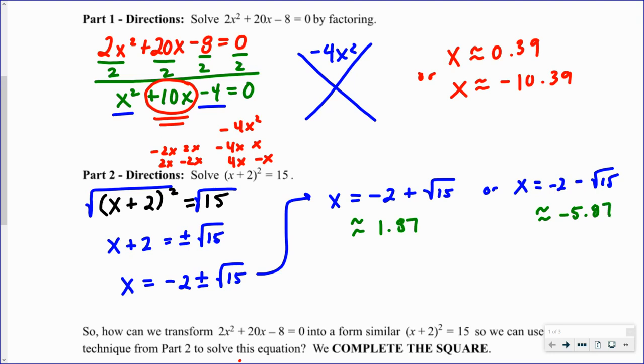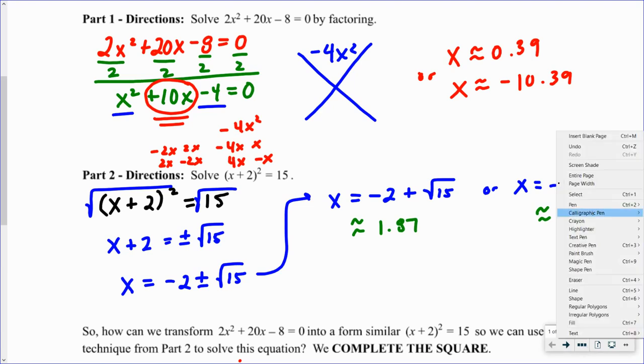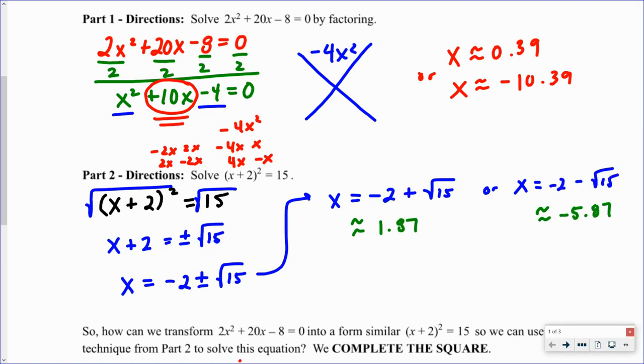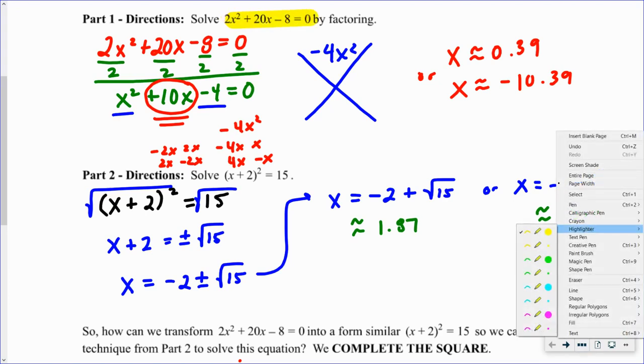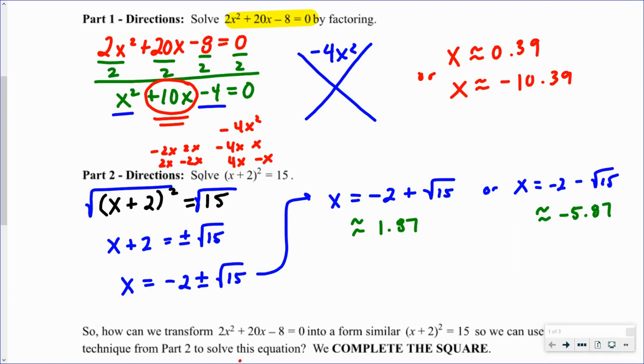So the idea here is, how can we rearrange the equation in part one, which I'm going to highlight for you, and make it look more like this equation right here? Because the equation that I just highlighted in blue from part two is really easy to solve. We can just take the square root of both sides and we're going to get our answer.